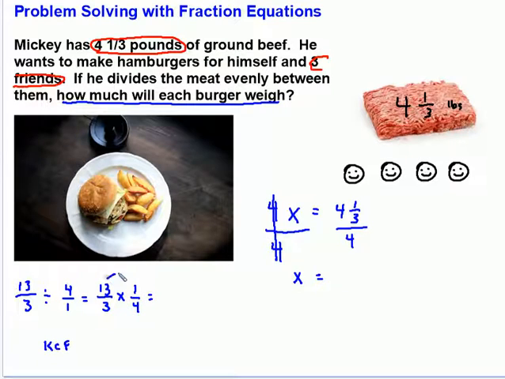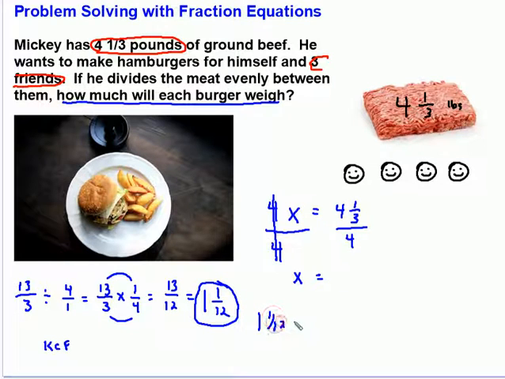That leaves us with, multiplying the top times the top and the bottom times the bottom, 13 over 12. Which will give us a mixed number. So let's go ahead and convert that. 12 goes into 13 one time, with 1 left over, and that leaves us with 1 1/12. Each burger will weigh 1 1/12 pounds.